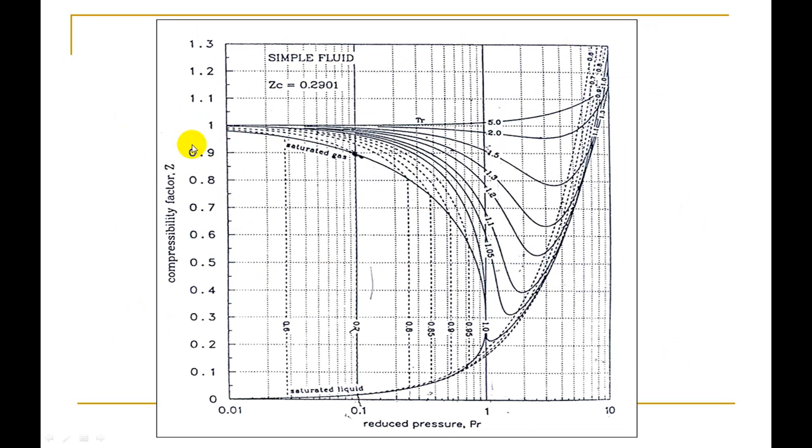We have Z in the y-axis and PR, or reduced pressure, in the x-axis, and we have different TR values in these curves. So using this PR and TR, we read the value of Z, then we can use the PV is equal to ZRT relation for real gases.